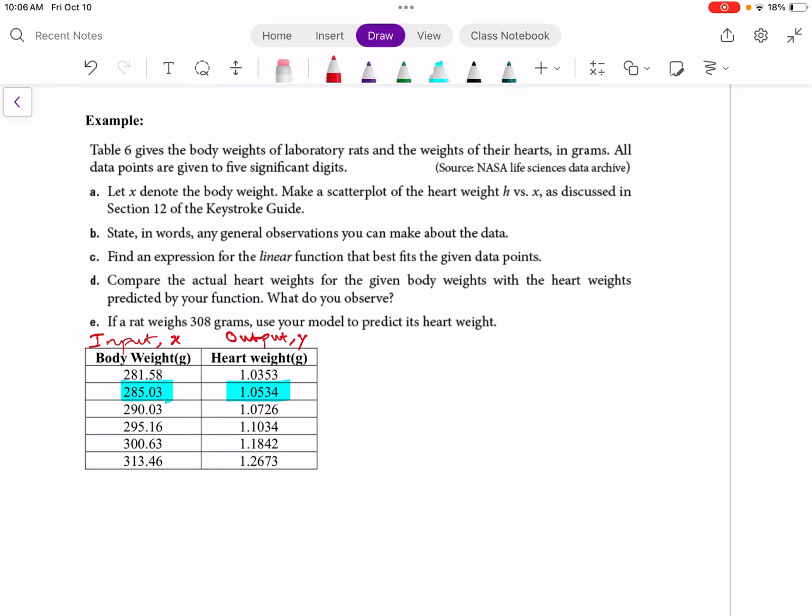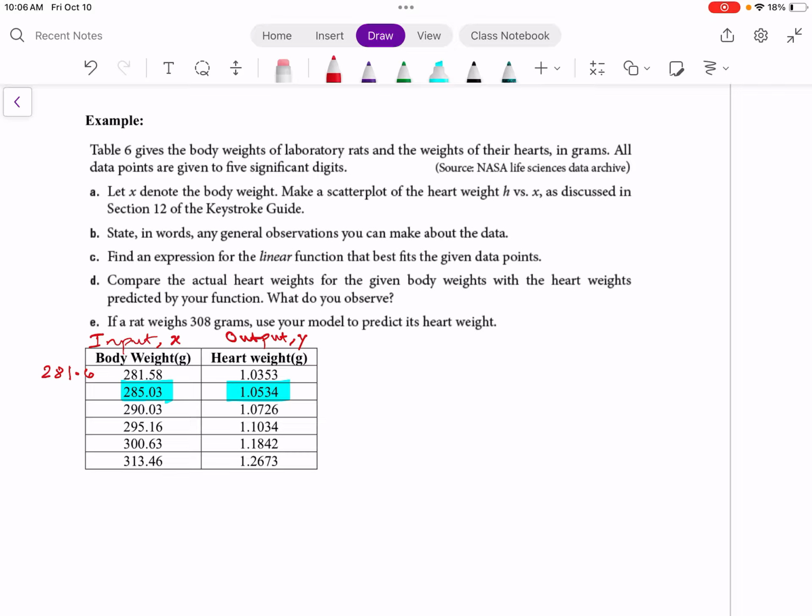Now, let me rewrite all these measurements to one significant digit, and it will be easy for us. Let's rewrite this data set in one significant digit so that it will be easy for us to graph. Here we have 281.58. When we round, this is 281.6.